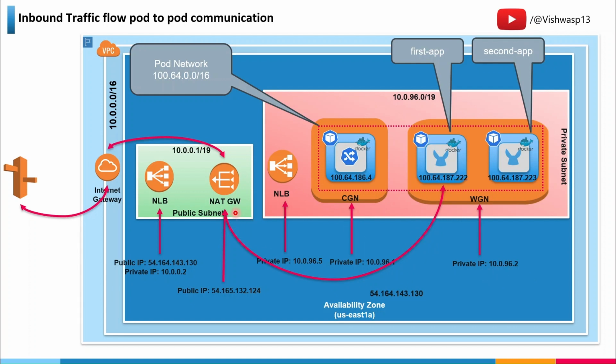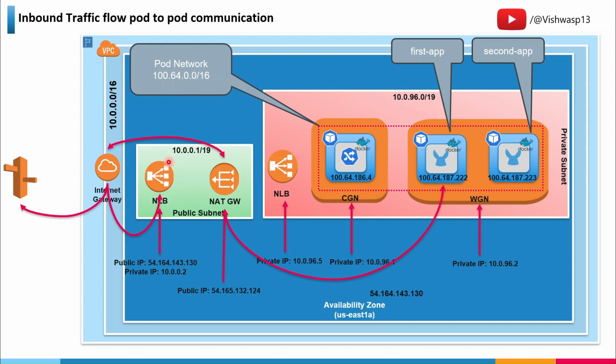So it goes to the NAT gateway. The NAT gateway will send the request to the internet gateway, and then it will realize that this IP address belongs to the network load balancer present in the public subnet. So the request comes back to the network load balancer, which is in the public subnet.